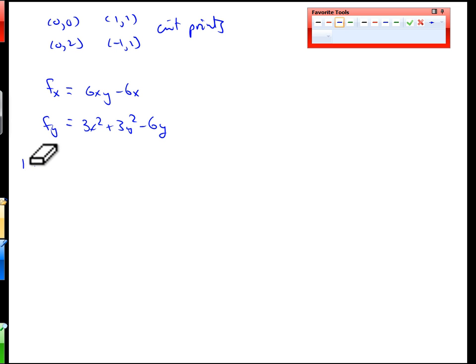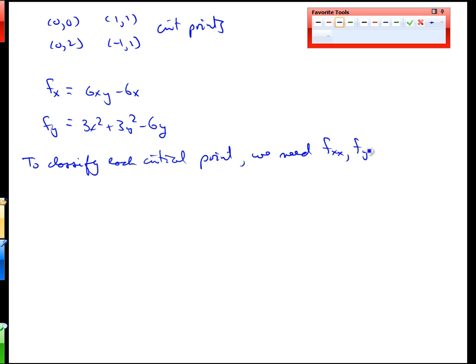So what do we need next to classify the critical points? To classify each critical point, we need the x derivative twice, the y derivative twice, and the mixed partial derivative. We need those to compute our D value. So what I'm going to do here is try to build these up into a table just so we can maybe save some space.